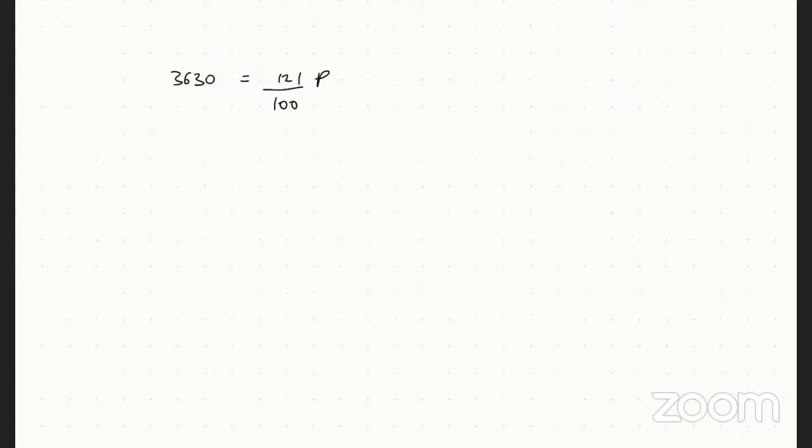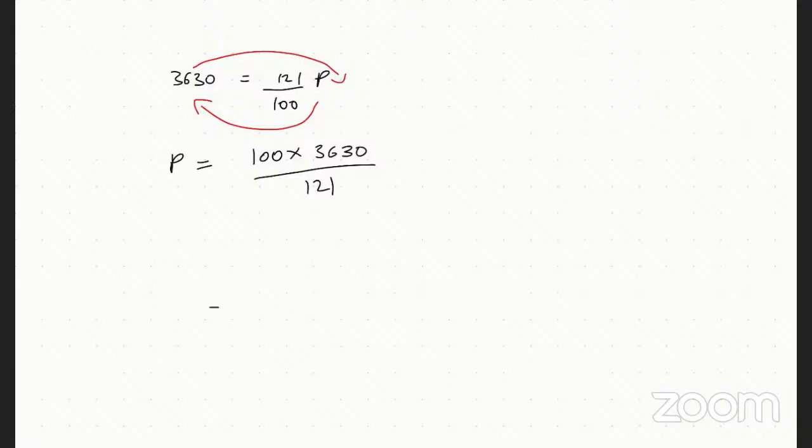Then what happens? It becomes like this. And when we are taking them to different sides, if it's a fraction, reciprocal takes place. So 100 comes up, then 3630 divided by 121.